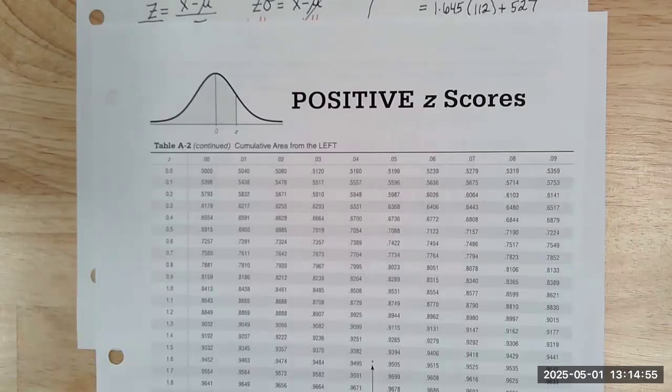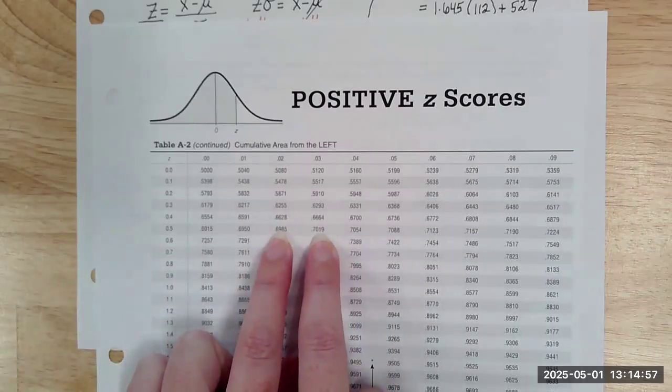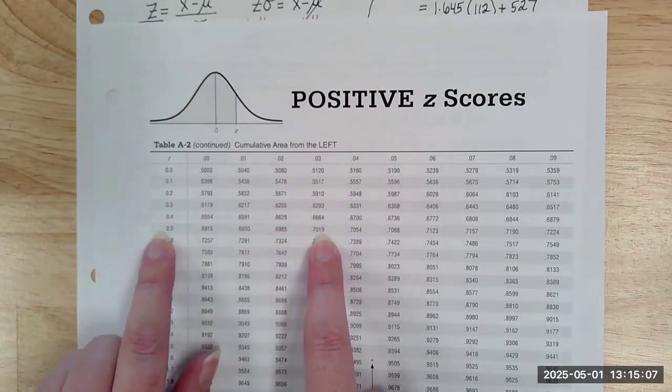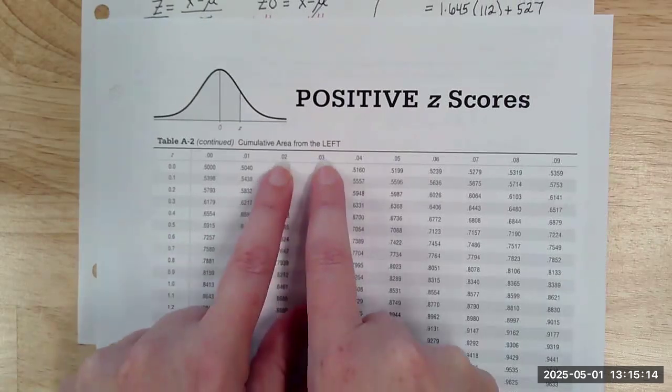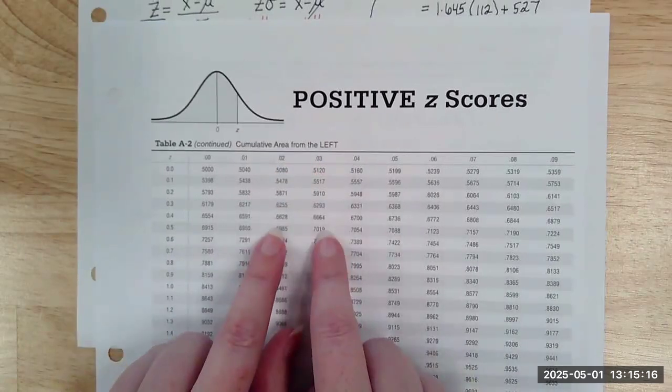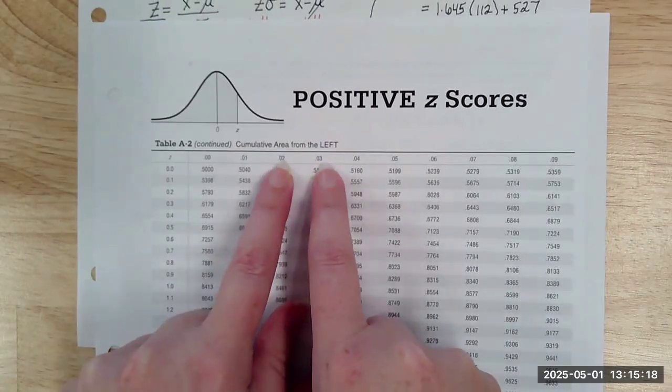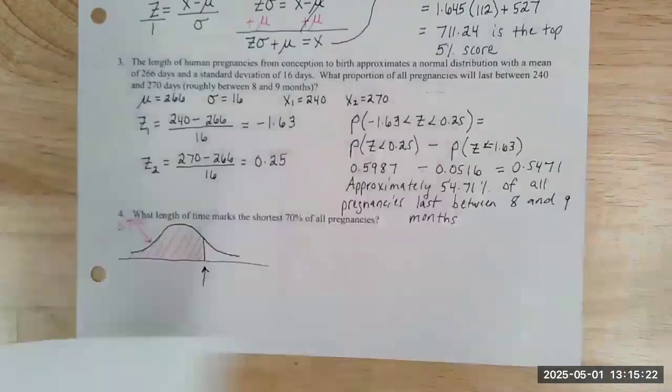Nope, it's not perfect, but I see 0.6985 and then 0.7019. So in between those numbers. So the z-score, we're going to come across this way. That's 0.5 is what we're going to start with. And then we want to go in between the 2 and the 3. So I'm going to say 0.525.